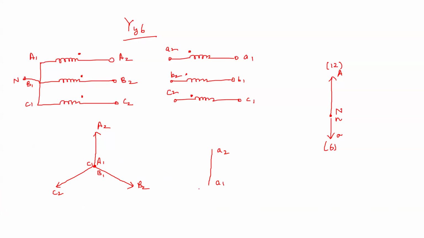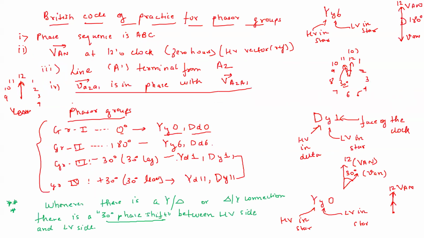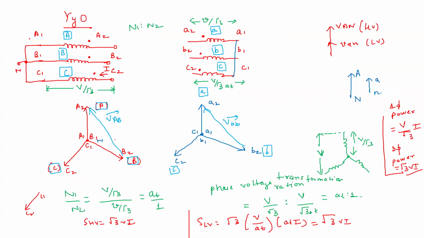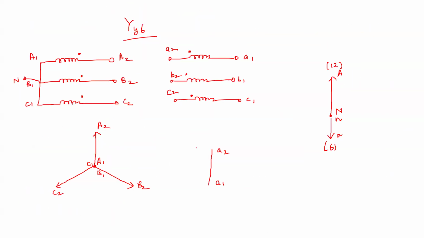You just see something I have done very peculiar. I have taken A2 upwards and A1 downwards, and here also I am repeating the same: A2 should be upward and A1 should be downward. VA2A1 is in phase with Va2a1, meaning if A2A1 is like this, then this A2A1 also has to be in a similar way.